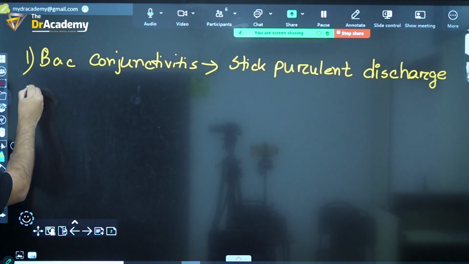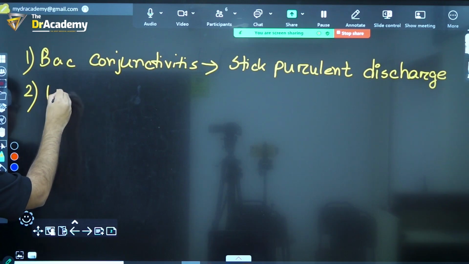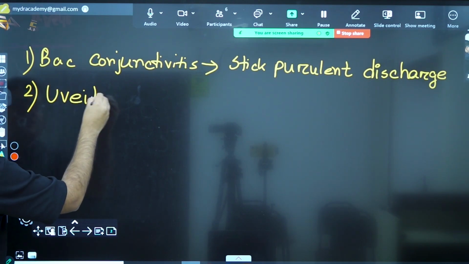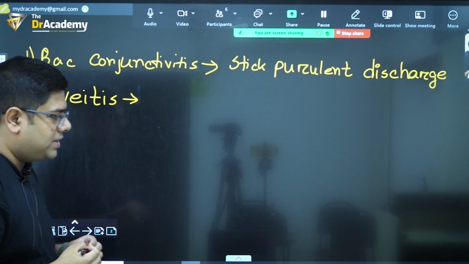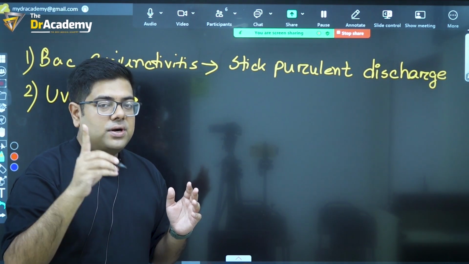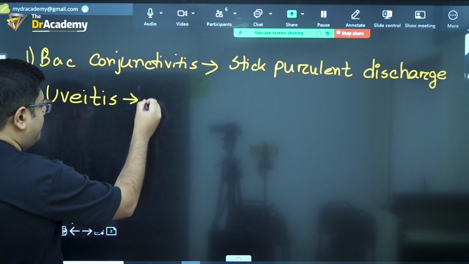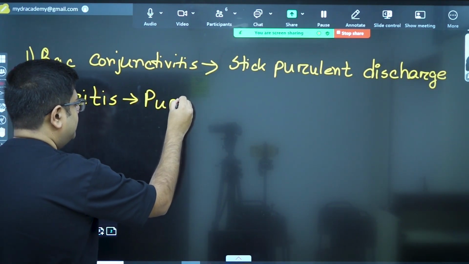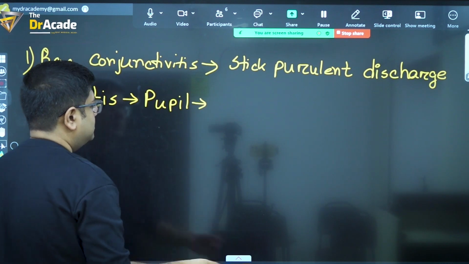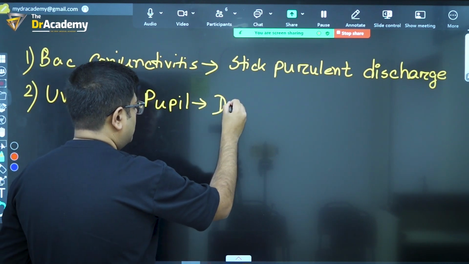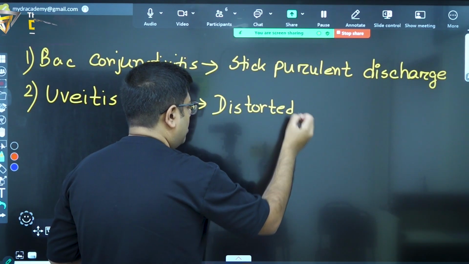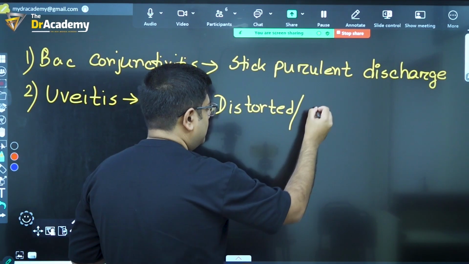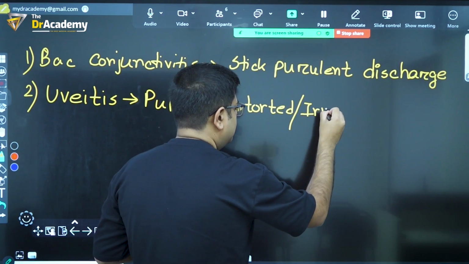Okay, now uveitis. What's the clincher for uveitis? Remember the word pupil. Pupil here will be either distorted or irregular.